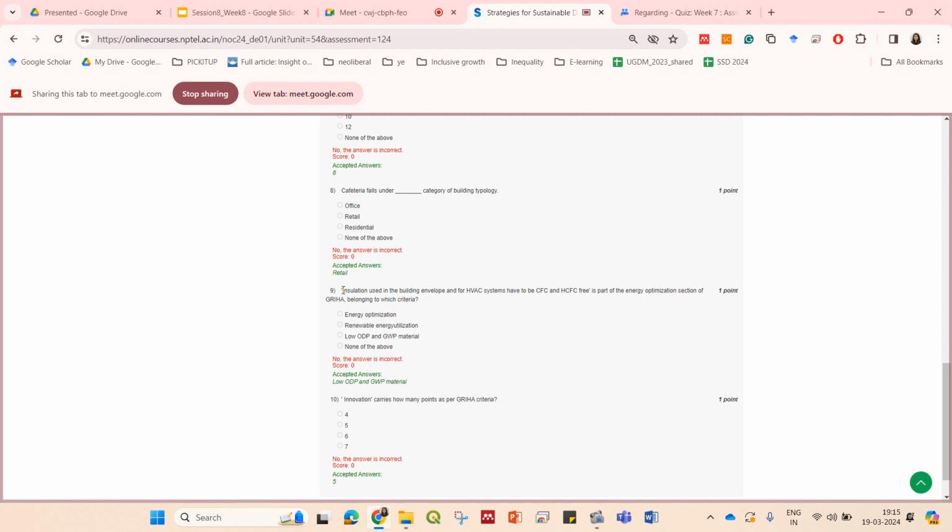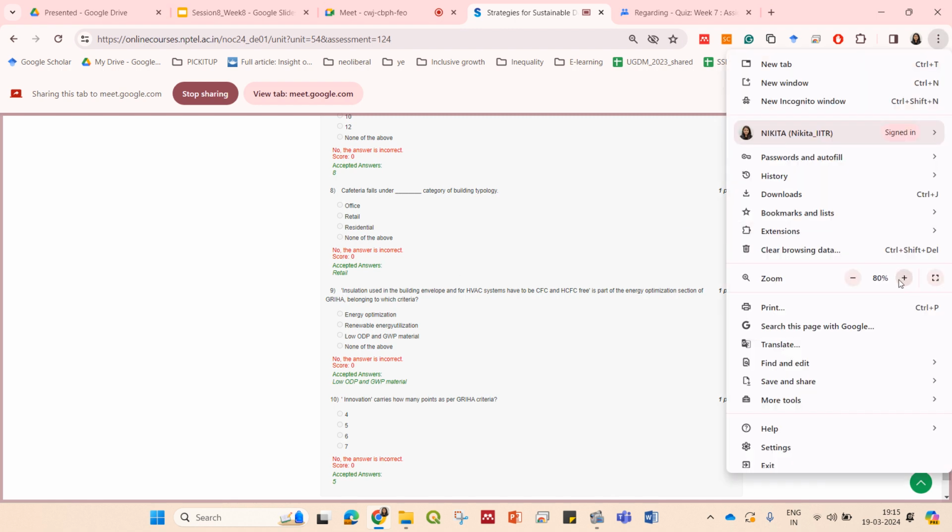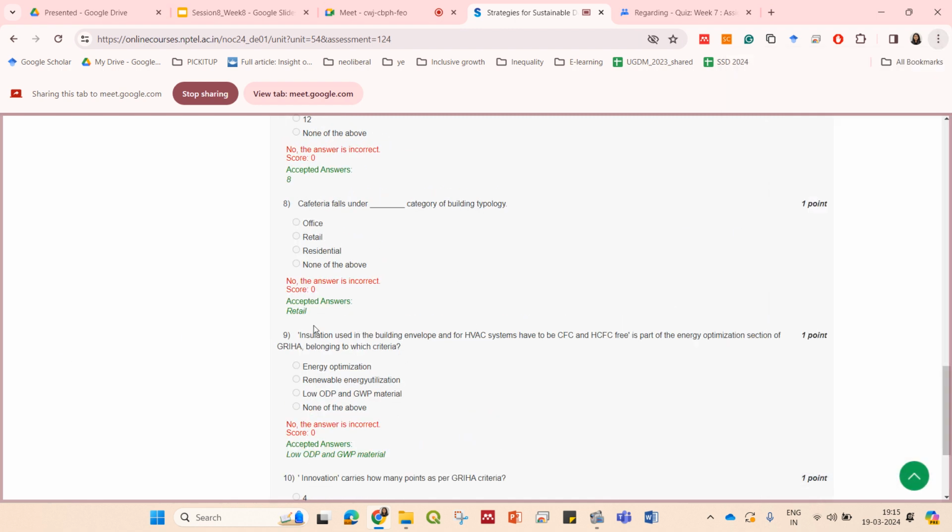Okay, insulation used in the building envelope for HVAC system has to be CFC and HCFC free. Is a part of the energy optimization section of GRIHA belonging to which criteria? And the answer is low ODP and GWP material. So what is your score saying under the energy optimization, right? Okay, then it is okay. It is under the energy optimization.